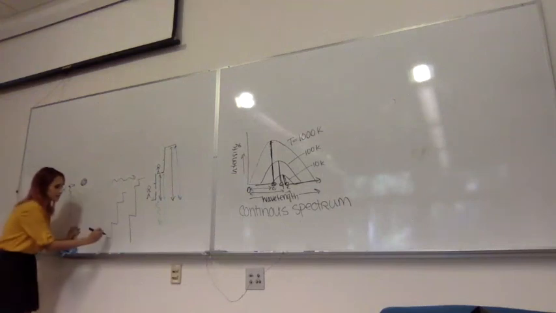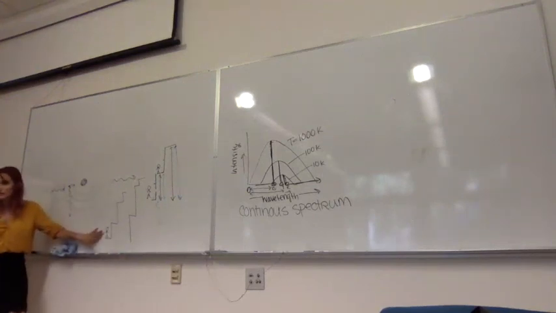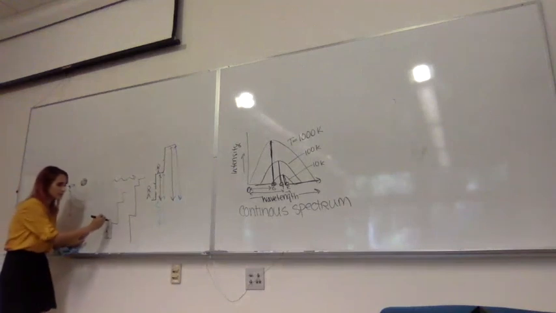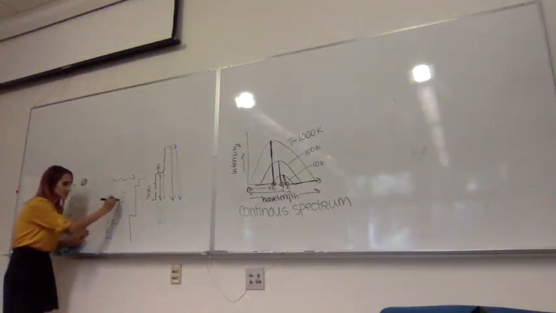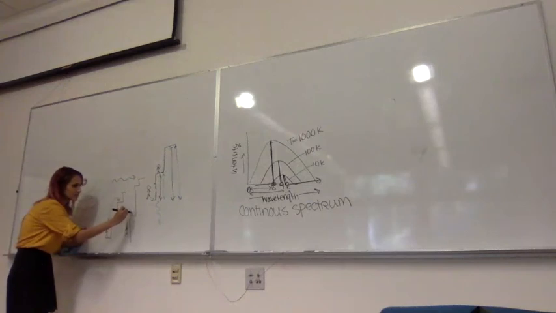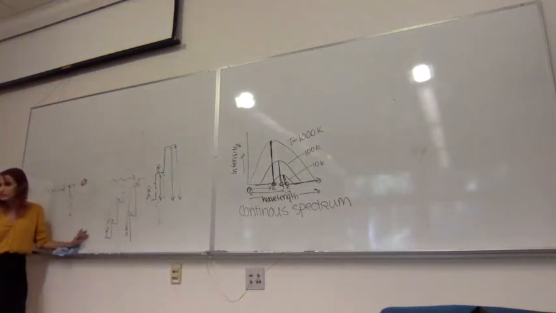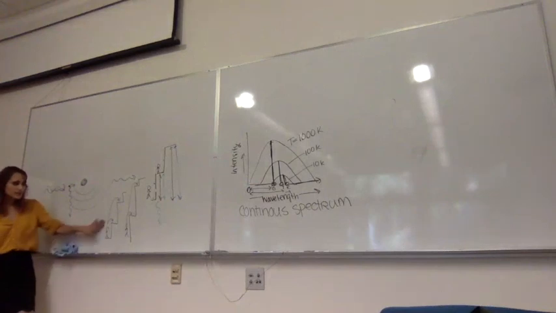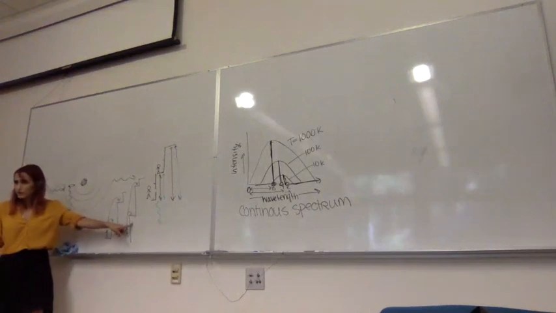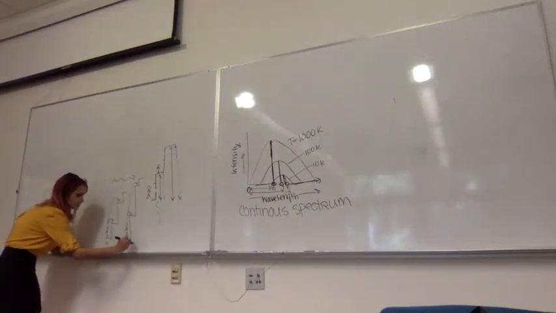This guy over here needs a different color to jump up to this level or this level than this guy needs to jump to this level or this level, right? Does that make sense? So this guy is going to absorb and then spit back out different colors than this one will. So if this is hydrogen, this is helium.